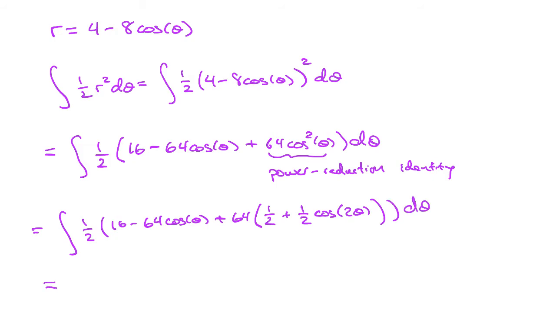So if we clean this up, what we then have is really the integral of 24 minus 32 cosine theta plus 16 cosine 2 theta.